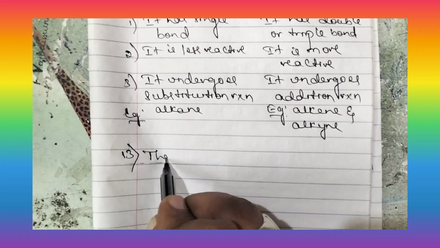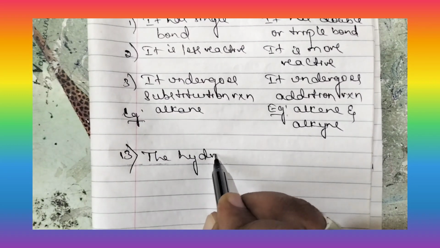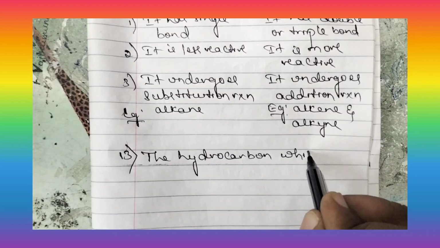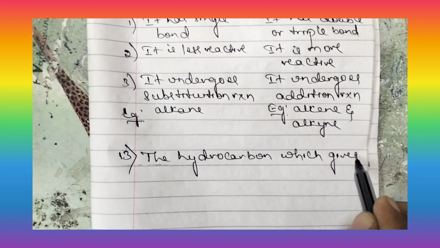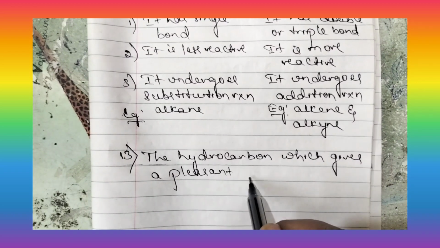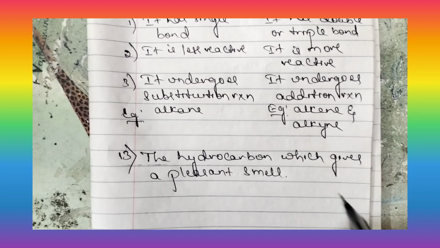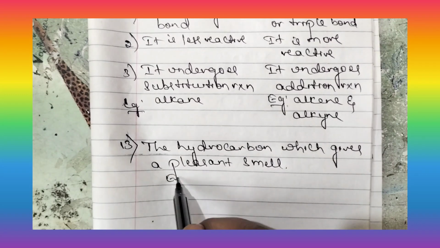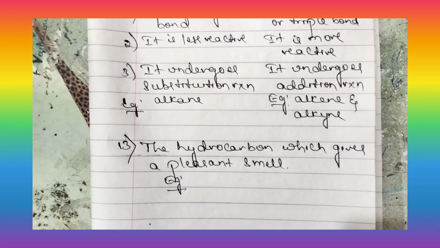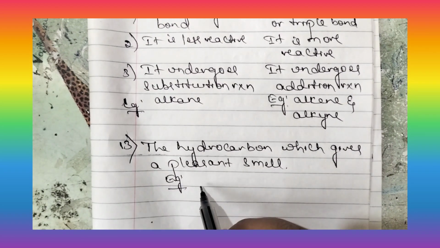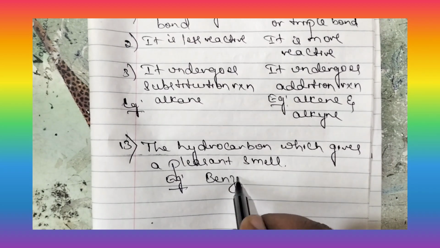The hydrocarbon which gives a pleasant smell is called aromatic hydrocarbon. Example for aromatic hydrocarbon is benzene.